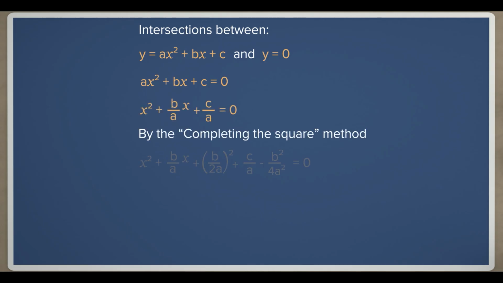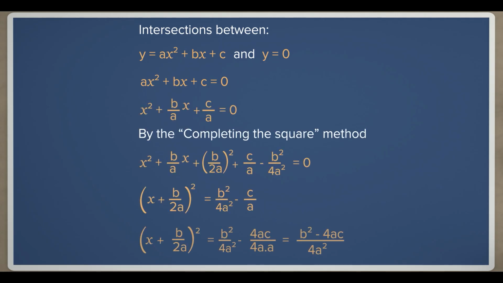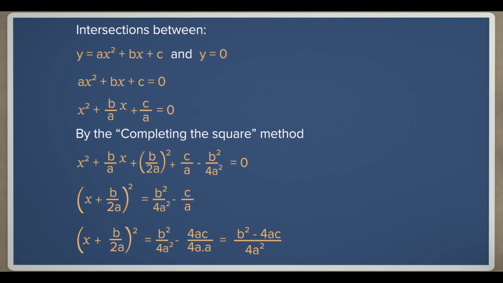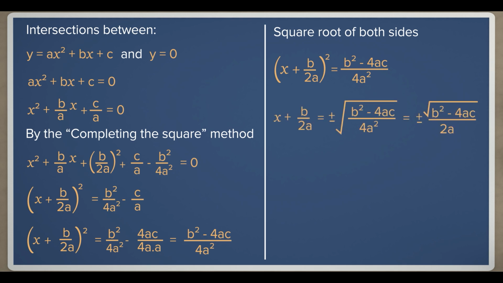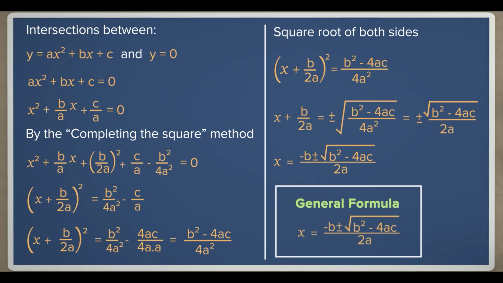By the completing the square method, we can see that the square of x plus b over 2a equals b squared minus 4ac over 4a squared. Then, taking square root of both sides of the equation, we can get this. So, after simplification, we can derive the general formula.